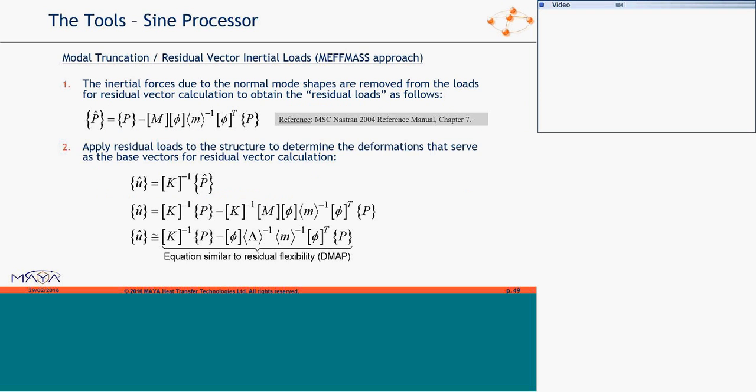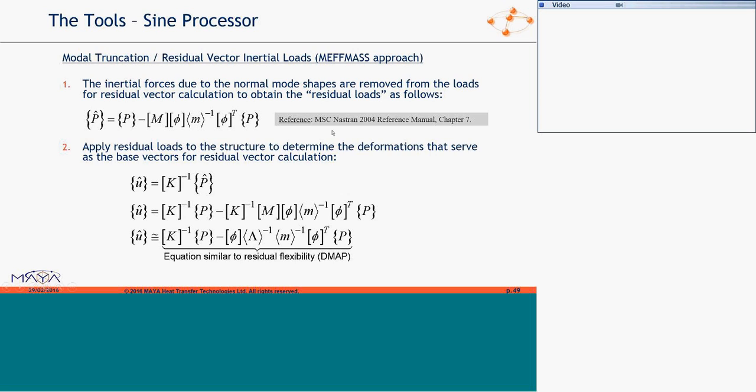So again, the first one is the residual vector approach that I've just talked about here, or what we call the MF-MAS approach. And here we're calculating extra eigenvectors.